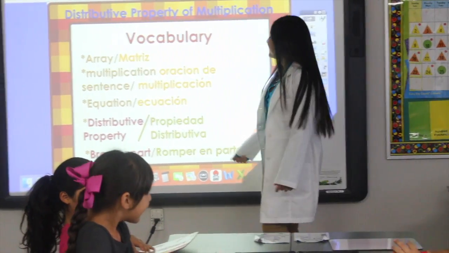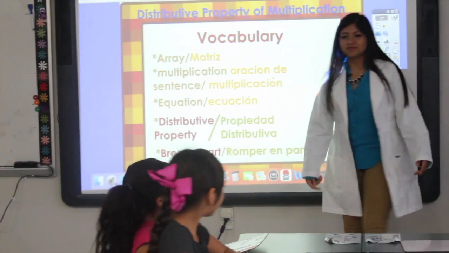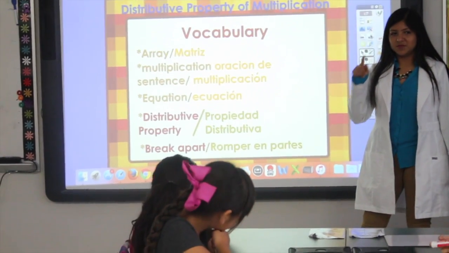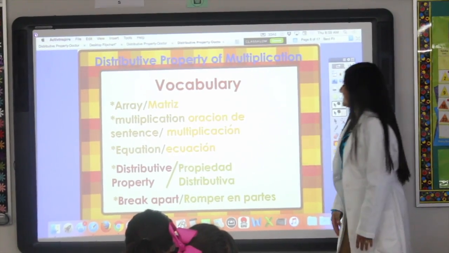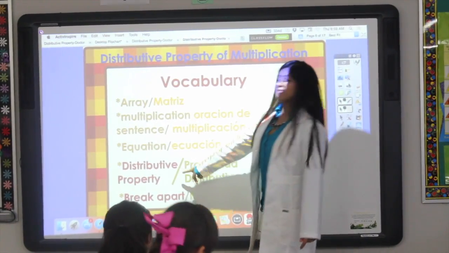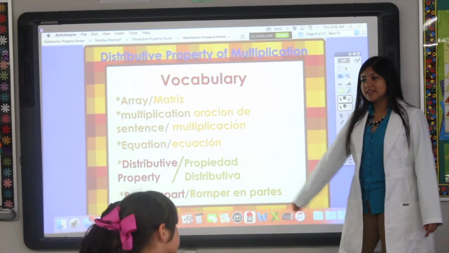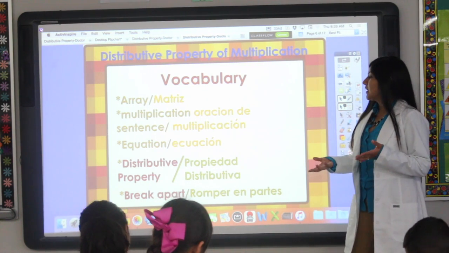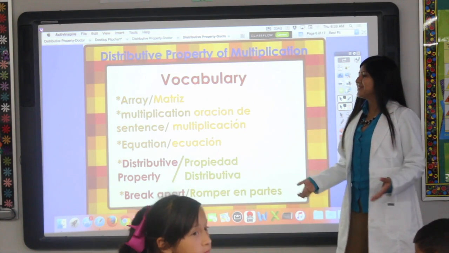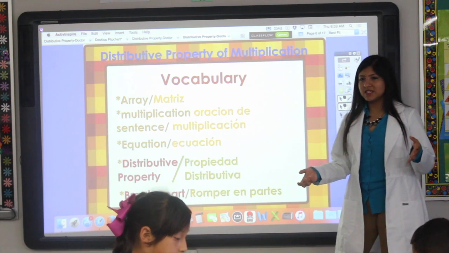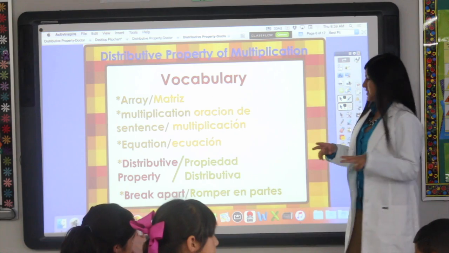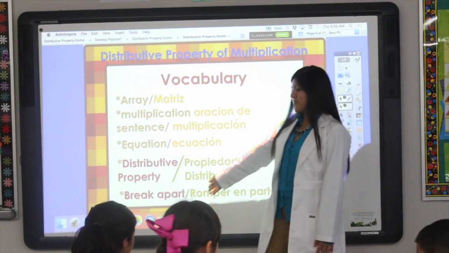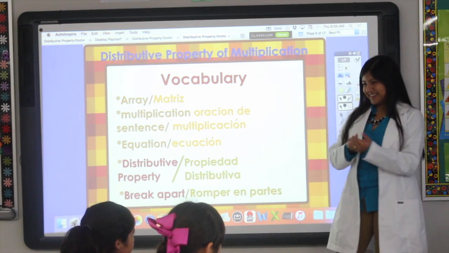An equation has the equal sign. That's what you always have to remember. And the distributive property, that's what we're going to learn today. It's how to complete big multiplication sentences by breaking them apart into 2 different ones. So that's what we're going to learn today. Okay.